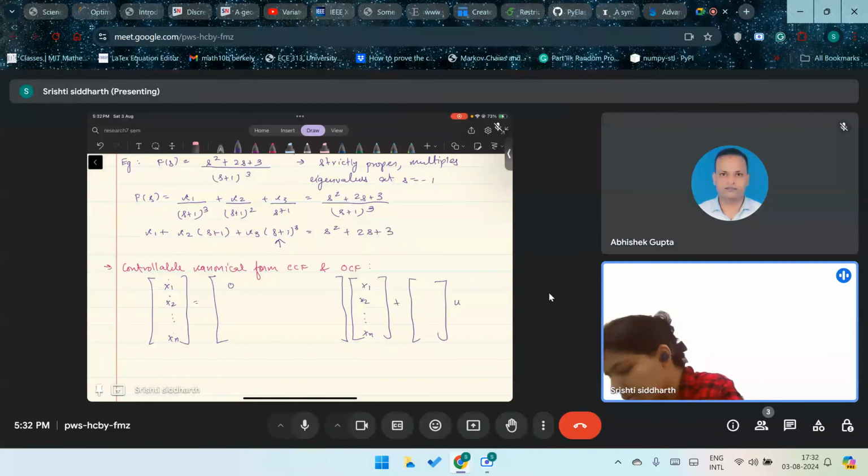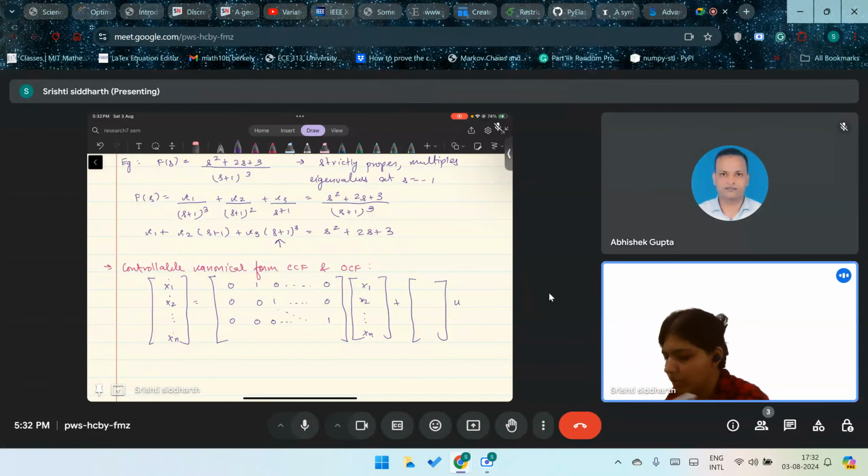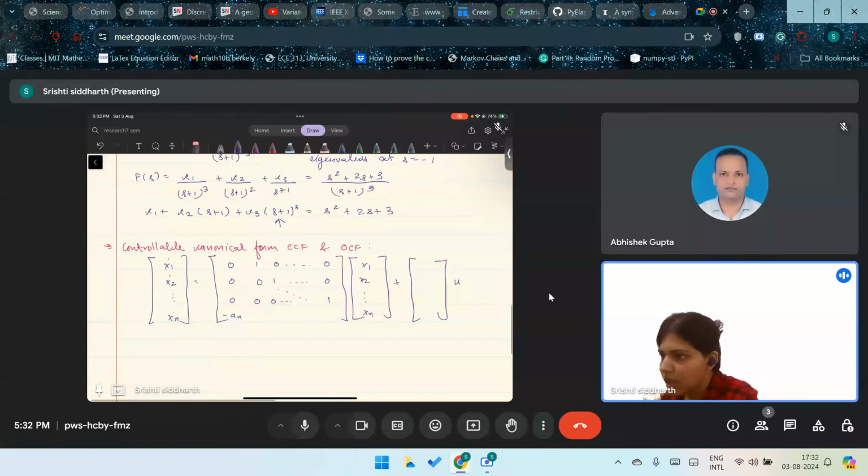It's going to be 0, 1, 0 throughout, 0, 0, 1. So this actually goes on, and here this has a second last row, and the last row is this: minus an, minus an minus 1, all up to minus a1.